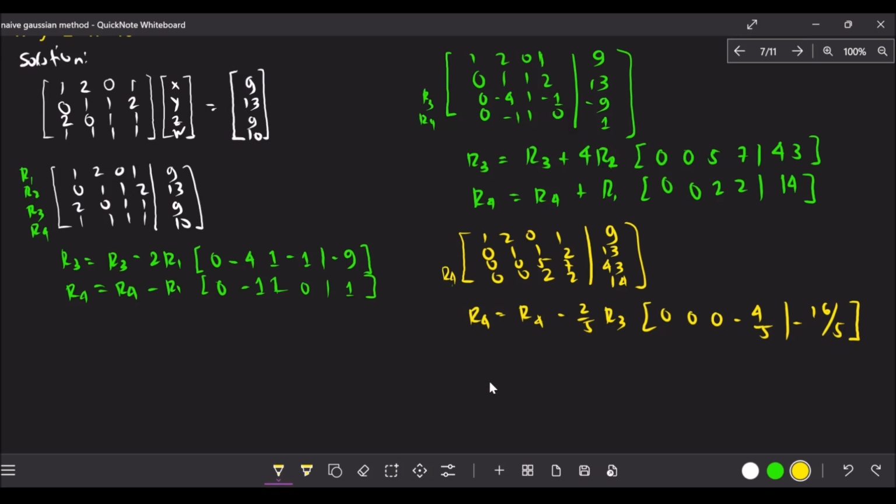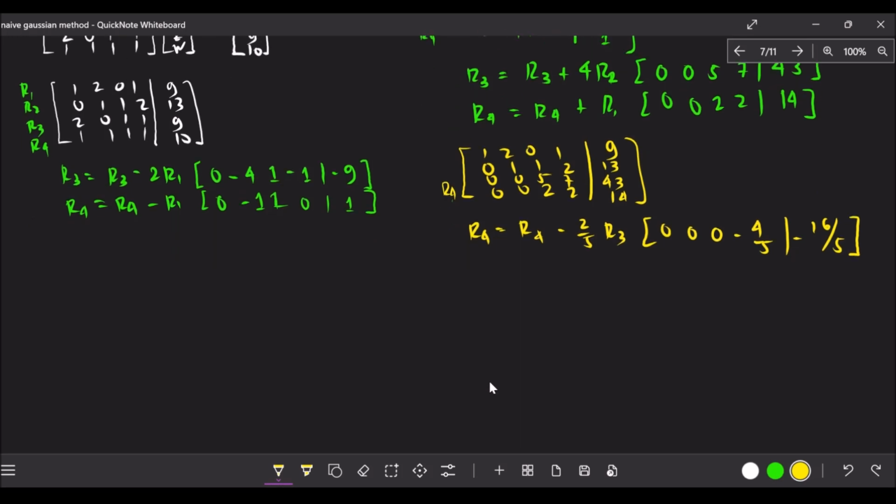Okay, so writing another augmented matrix. We have 1, 2, 0, 1. Then we have 0, 1, 1, 2. Then you have 0, 0, 5, 7. And we have 0, 0, 2, 2.